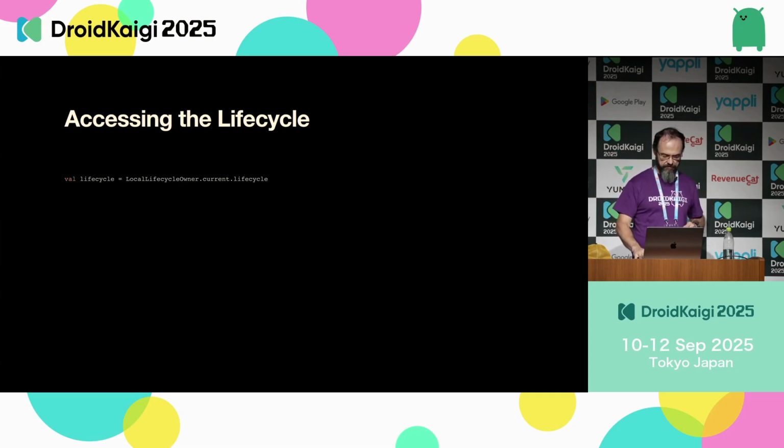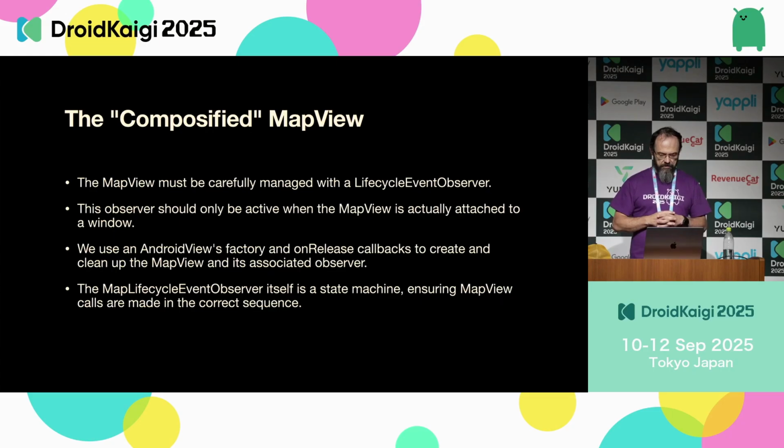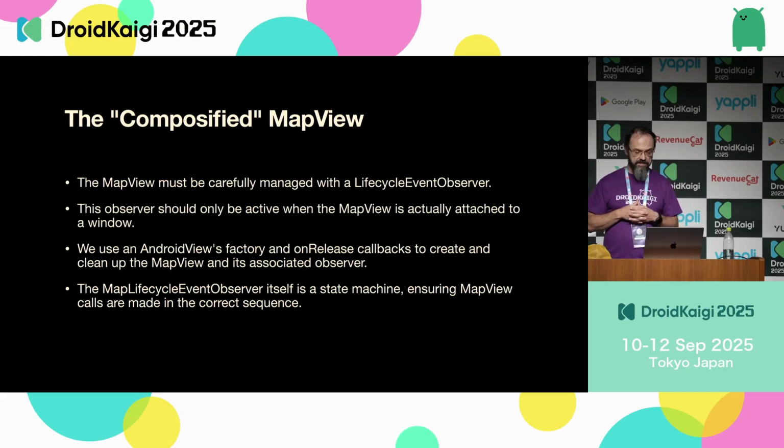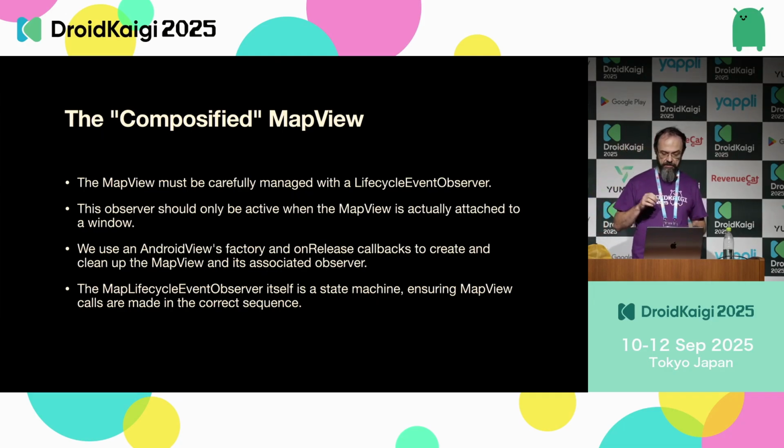Let's connect the dots. Now, we want to composify our map view. That means that the map view must be carefully managed with a lifecycle event observer. This observer should only be active when the map view is actually attached to a window, not before it gets attached and not when it's not attached.